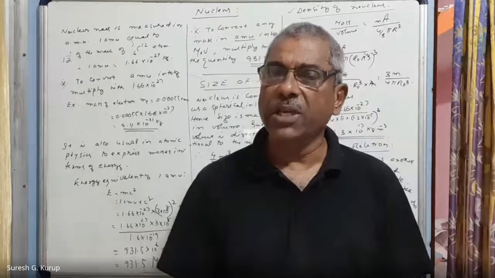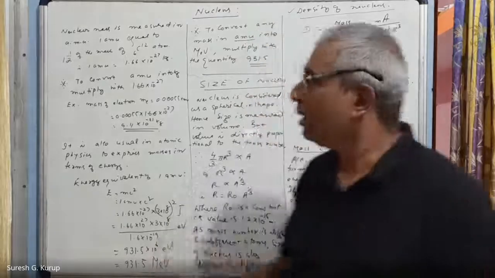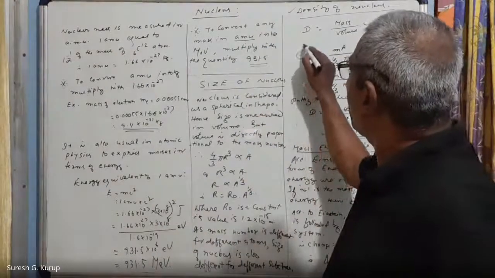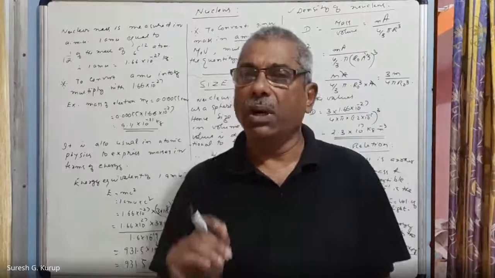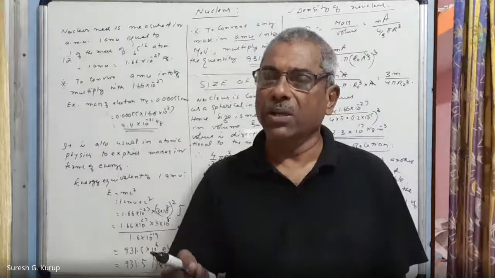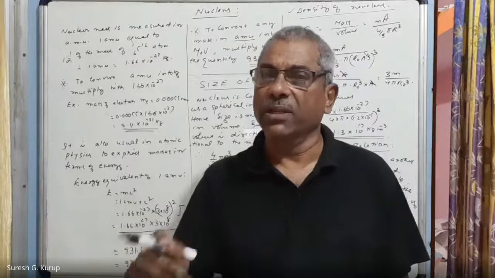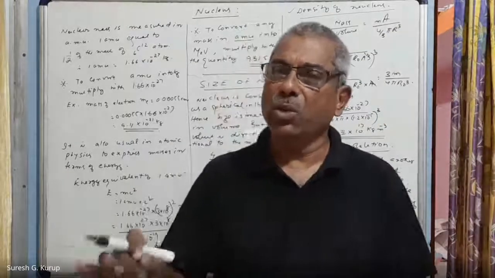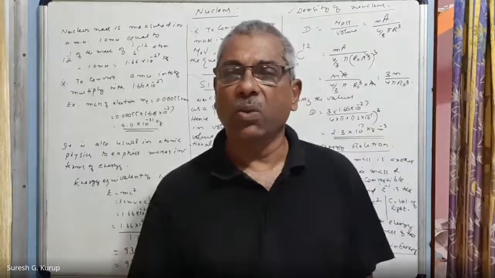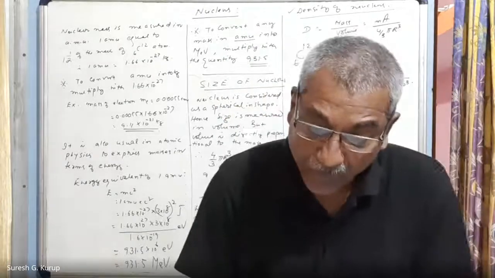Carbon is C12(6). The usual common carbon atom is C12(6). Which carbon atom? C12(6). Right? The mass of C12(6) into 1/12 is equal to 1 AMU.